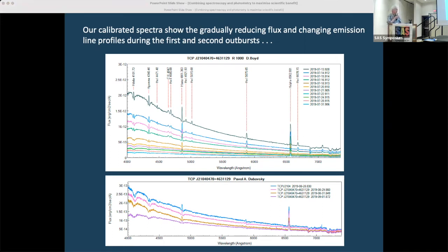The lower plot is the second major outburst, and these are spectra from Pavel Dubovsky in Slovenia. And again, you can see gradually how it's changed, but by the end of that second outburst, for example, the emission lines in H gamma have virtually disappeared. It's just an absorption dip. Next slide.